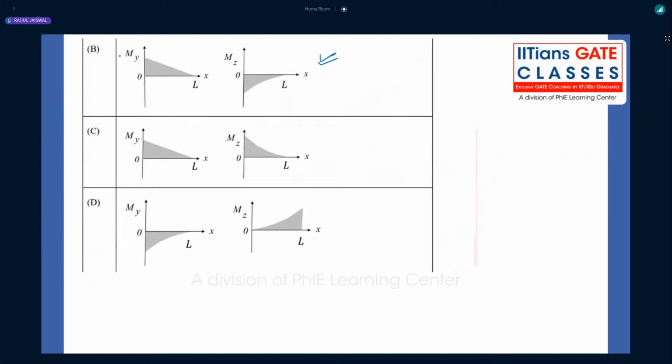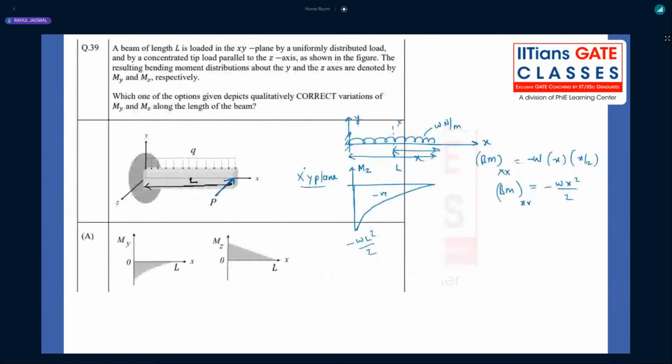Now some of you might be thinking, sir, what about the other option? See, when you think of a cantilever beam which is subjected to a point load P, in which particular plane is the load showing bending? You think of the XZ plane.